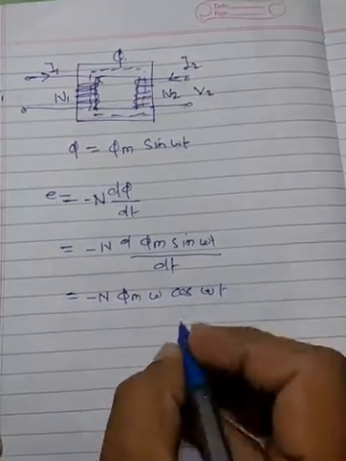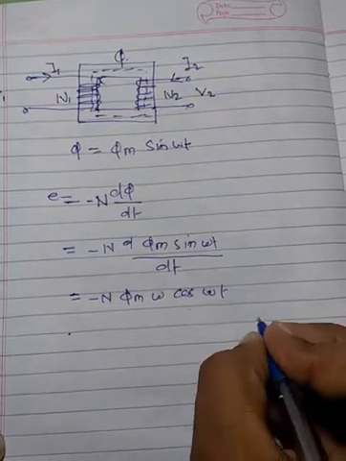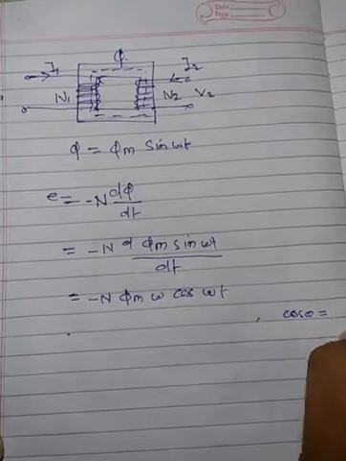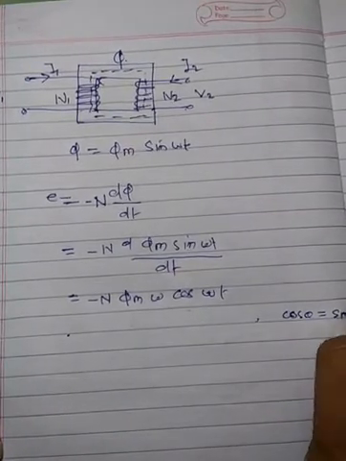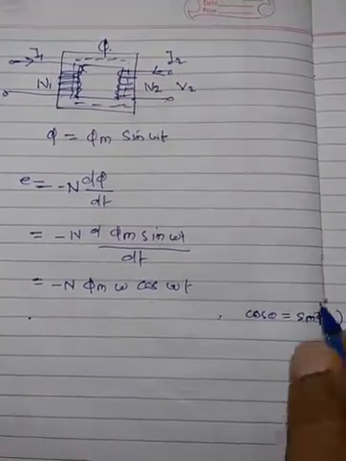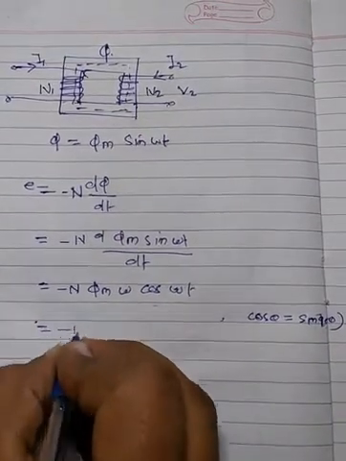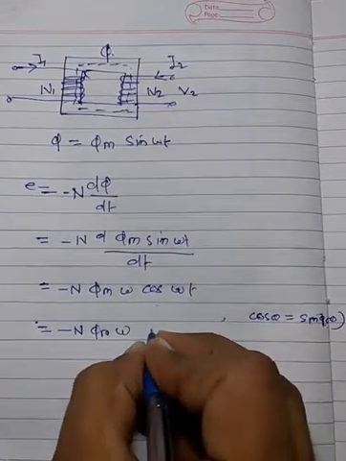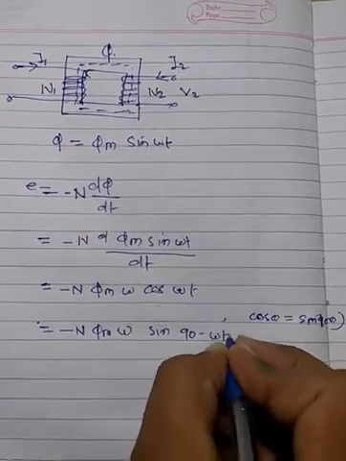We know that cos theta can be written as sin of 90 minus theta. So this can be written as minus N phi m omega sin of 90 minus omega t.